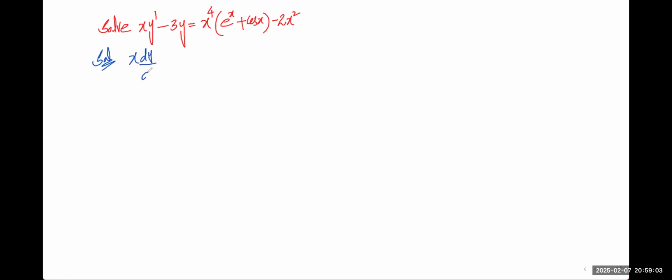What do you notice? dy by dx is alone, so the coefficient could be an error. I don't want x here, so dividing with x on both sides. Let us call it equation number 1.